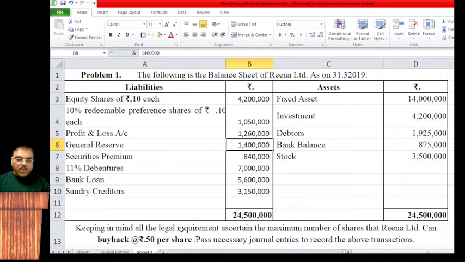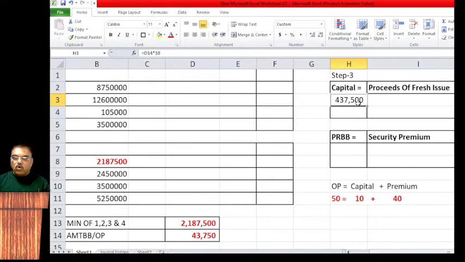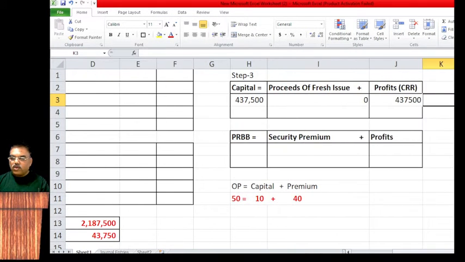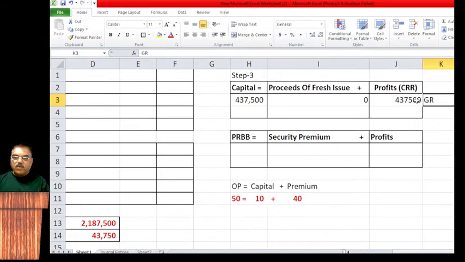General reserve is 14 lakh and we want only 4,37,500. So we take 4,37,500 from general reserve. Which account have we used here? General reserve, a free reserve, and that is enough. Why enough? Because 4,37,500 is equal to 4,37,500.